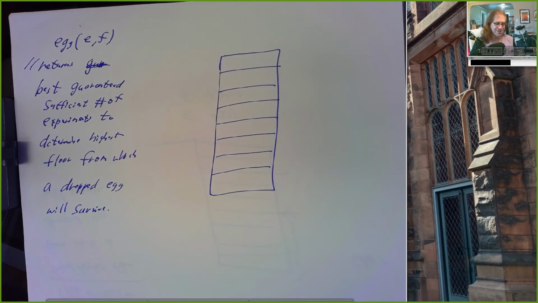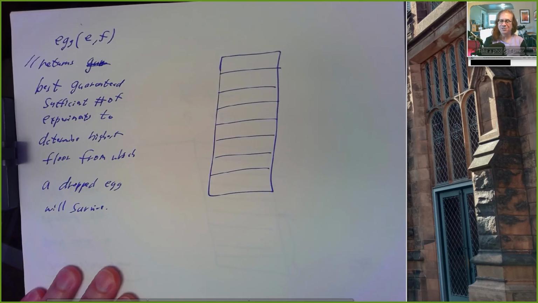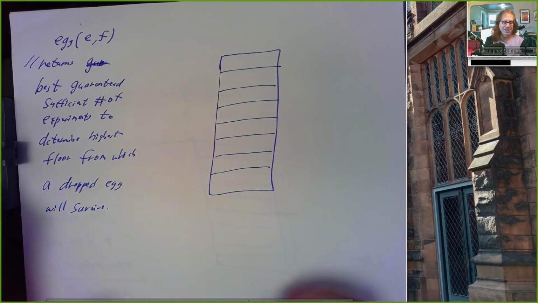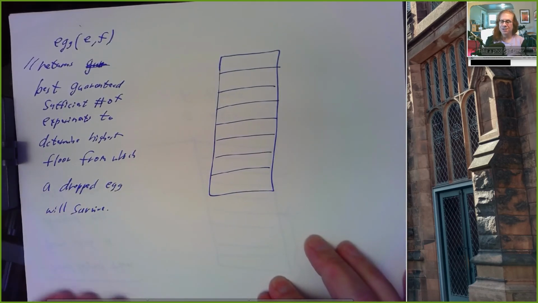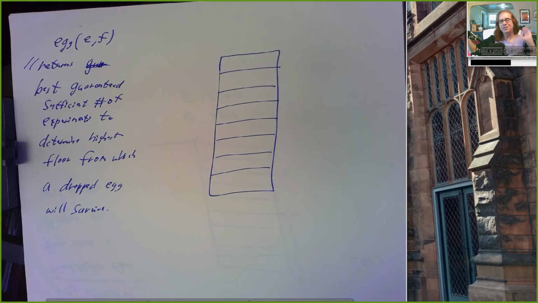And there are some sets of experiments which are guaranteed to give us an answer, and there's some which might not give us an answer. We might run out of eggs before we answer our question. So what we want to do is say, over the space of all possible sets of experiments that we can conduct, what's a guaranteed sufficient number of tests?